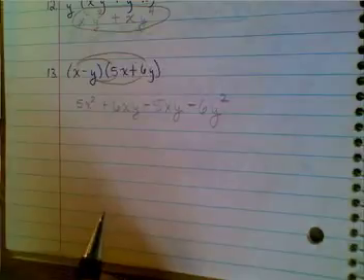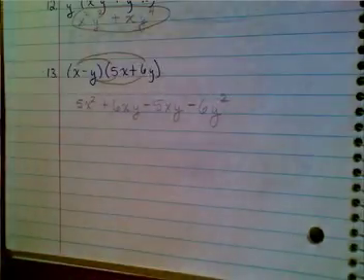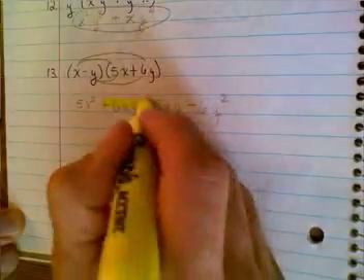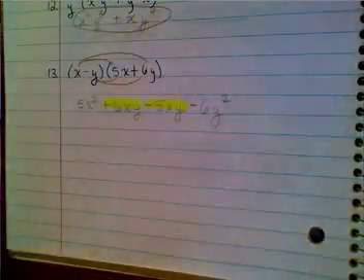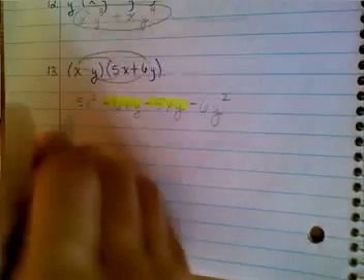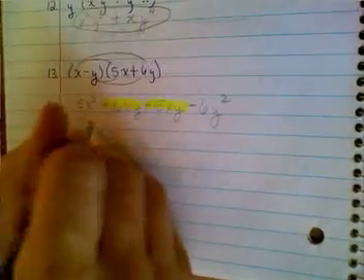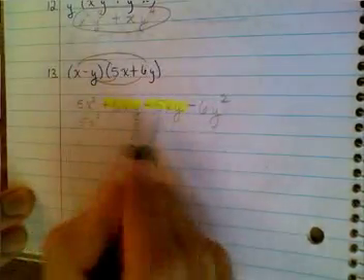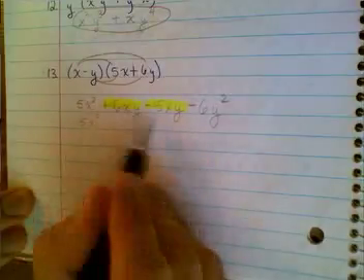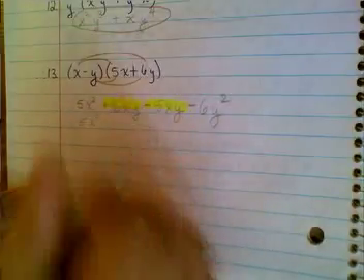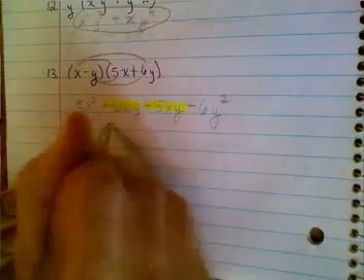And if you just look at that very carefully, what you'll notice is that you actually have a couple of like terms. Positive 6xy, negative 5xy. So you're going to add those two like terms together. And when you add like terms, all you're doing is changing the coefficient in front. So 6 minus 5 gives you 1. You don't actually have to write the 1 there.